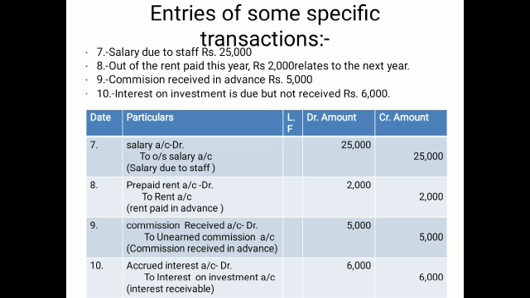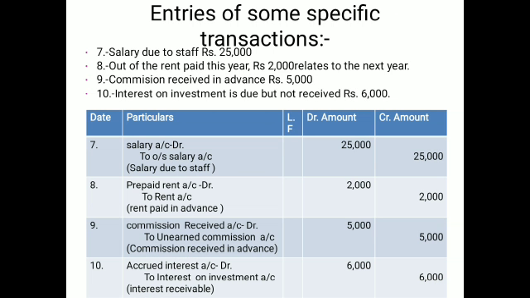So when there is an expense, it will increase the expense value, like salary account debit with 25,000, and when the word payable or due is referring to liabilities, the increasing liabilities will be placed on the credit side to outstanding salary. So the entry for any kind of expense is expense account debit to outstanding expense account. Here the salary word is given, so you have to write down salary account debit to the outstanding salary.